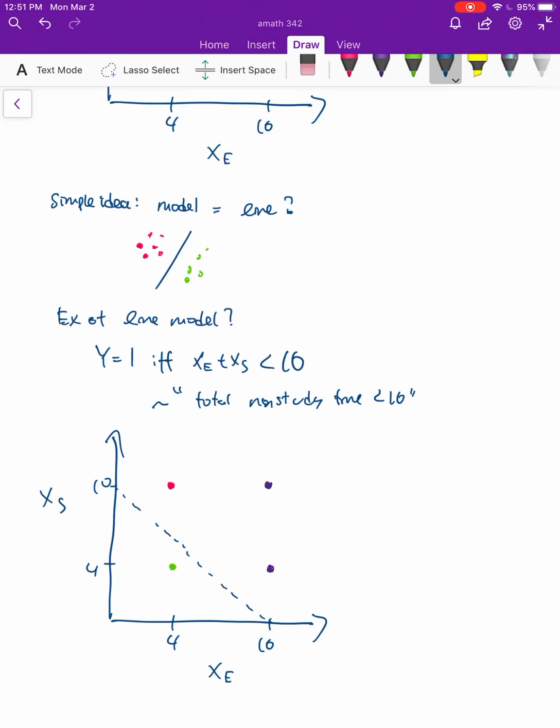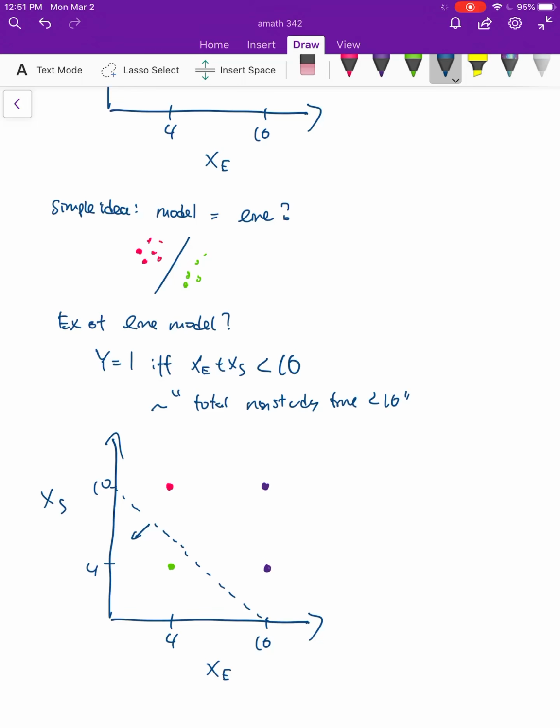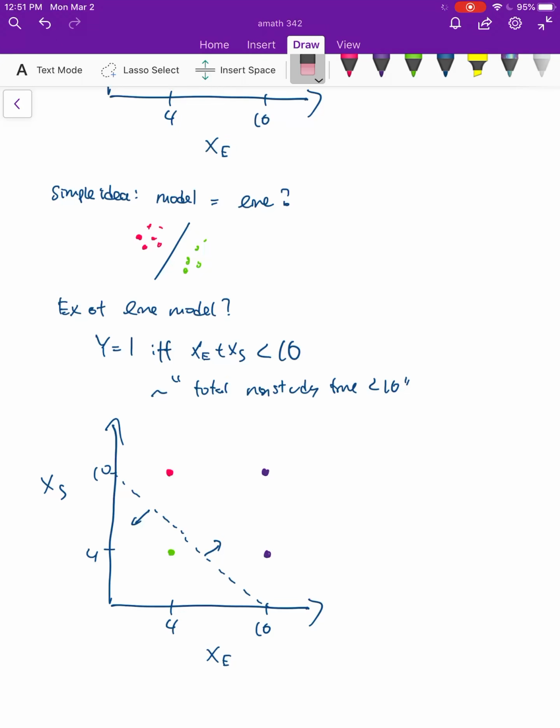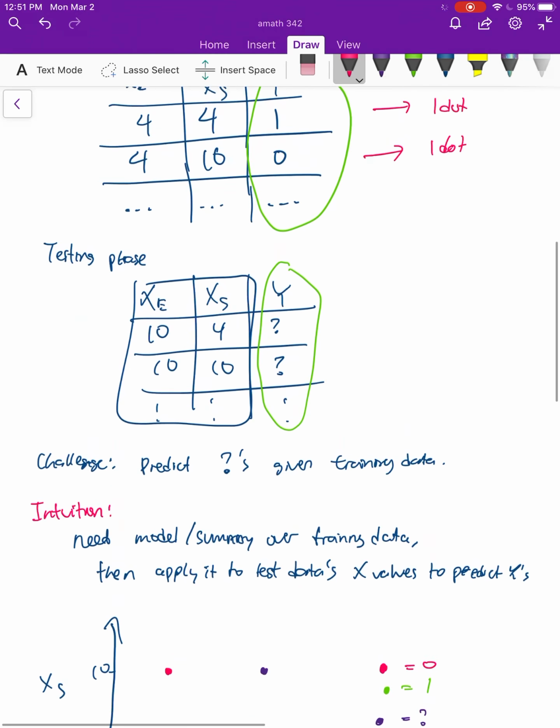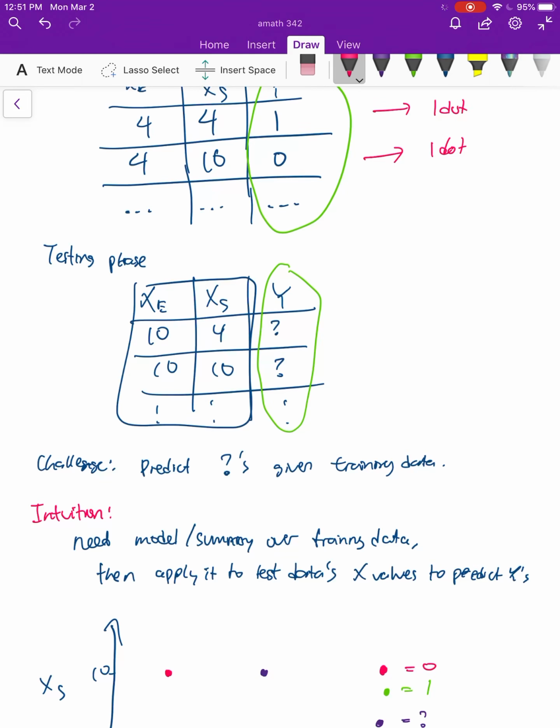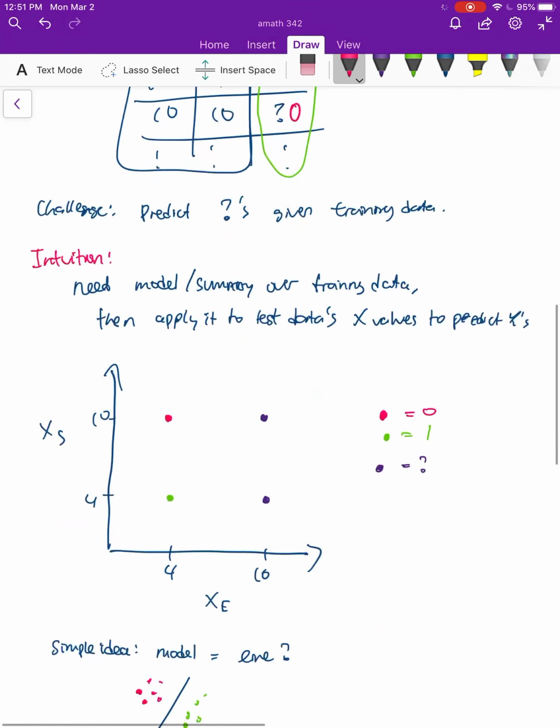That means we would choose green if it's to the left of this line, and then we would choose red for anything on the other side of the line, which means with this model we would have predicted reds for the test data. So 0, 0.